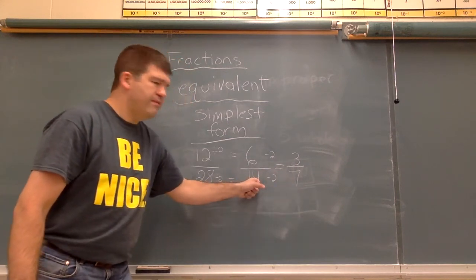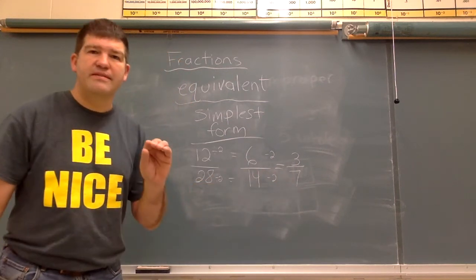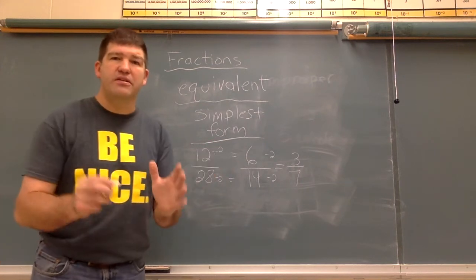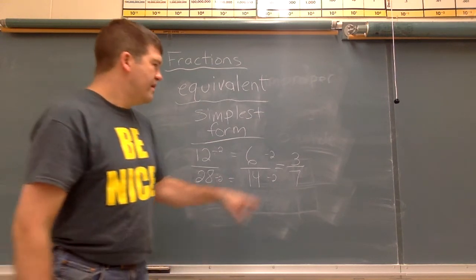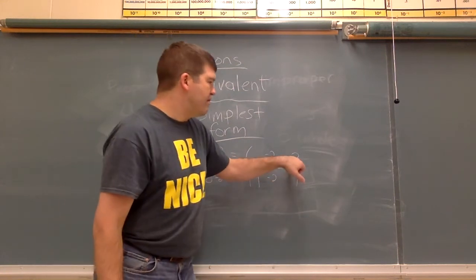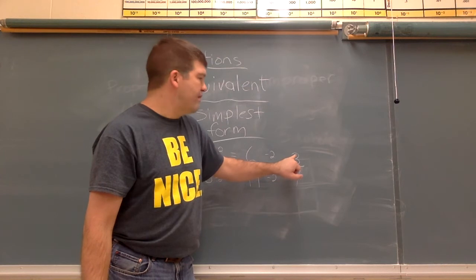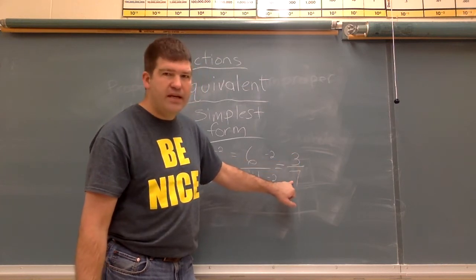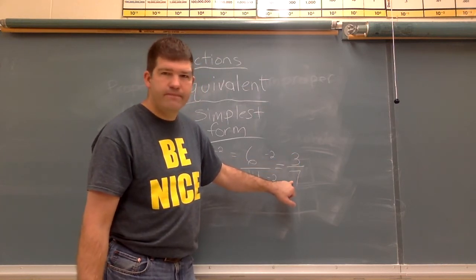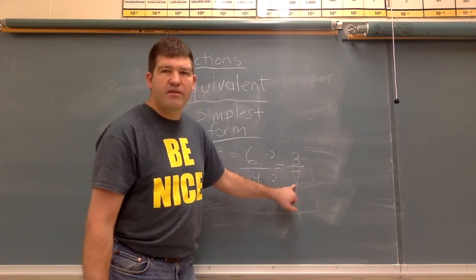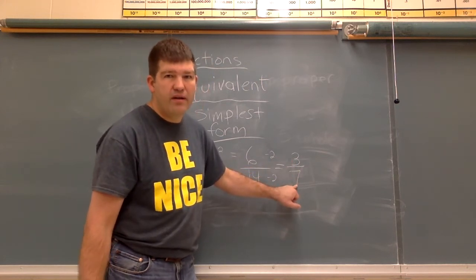So I've reduced 12 28ths to 6 14ths and then to 3 sevenths. Same value, same value, same value, because I'm doing the same to the top and the bottom each time. I'm just getting to the smallest possible number. Now with 3 and 7, I can only divide this one by 3 or by 1. So if I divide this by 3, can 3 go into here evenly? No. So it doesn't work. This one is 7. I can only divide this by 7 and 1.